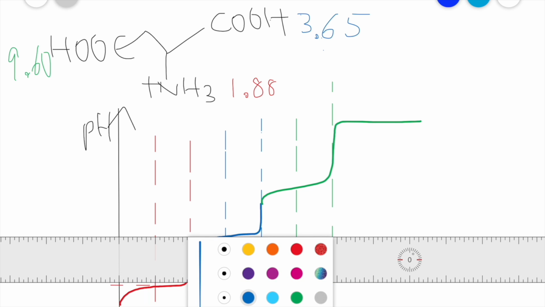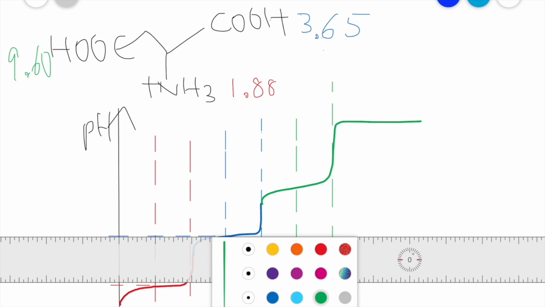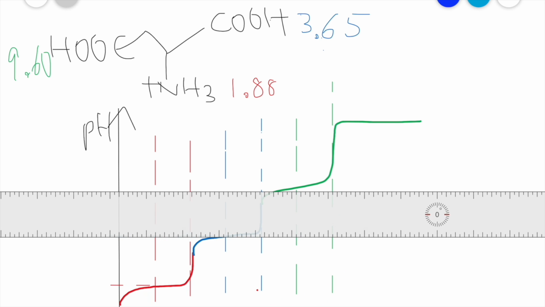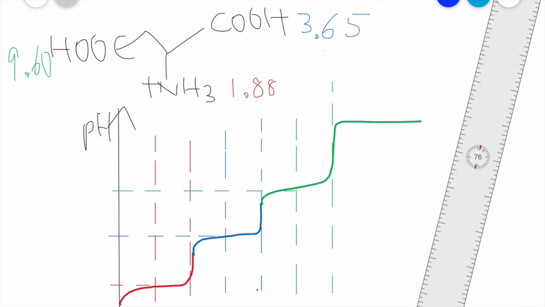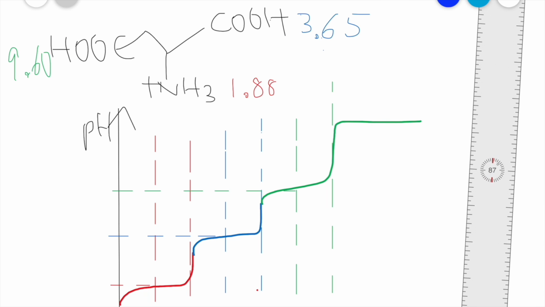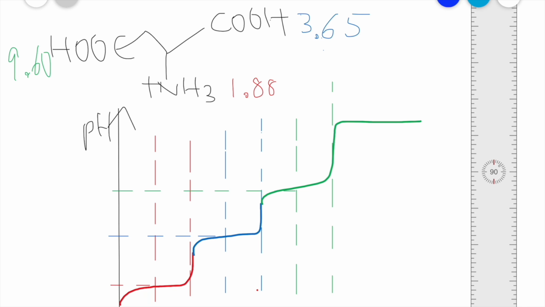And then lastly, I have this one. And then don't forget, first let's label this. So obviously that's going to be 9.60. That's going to be 3.65. That's going to be 1.88.